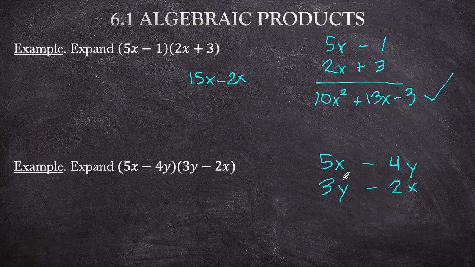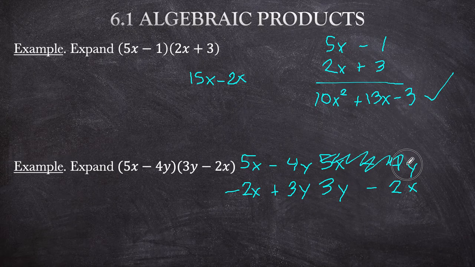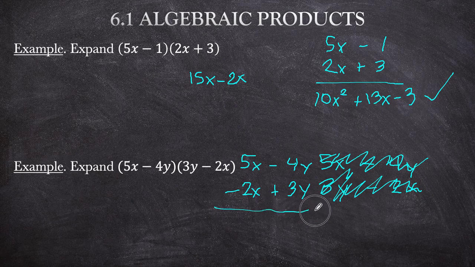We can just align both x's so that it will be easy for us. Maybe we can do it something like 5x minus 4y times negative 2x, aligning the x's, plus 3y. Let's erase this part so that we won't get confused. Okay, and then we'll apply the sutra.